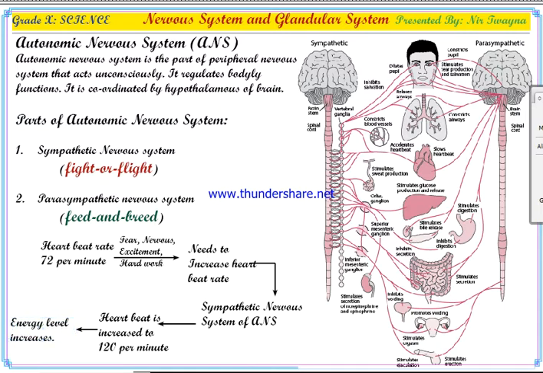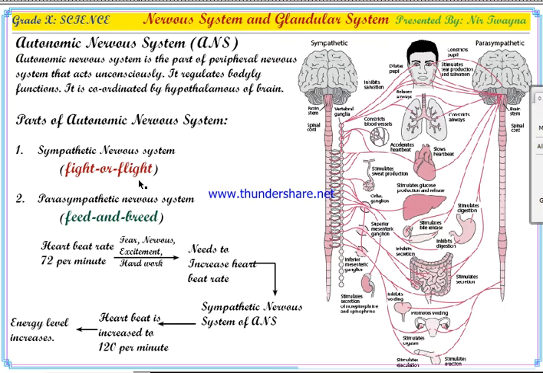Okay. This reaction prepares you for basically two things: either you fight or you flight. Flight means run away. Whenever you are in a dangerous situation, either you need to fight or you need to run away from that situation.